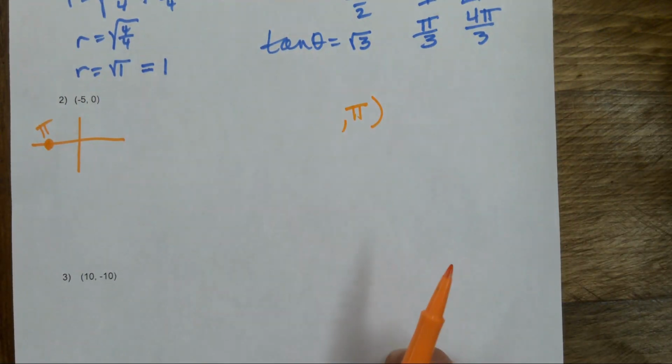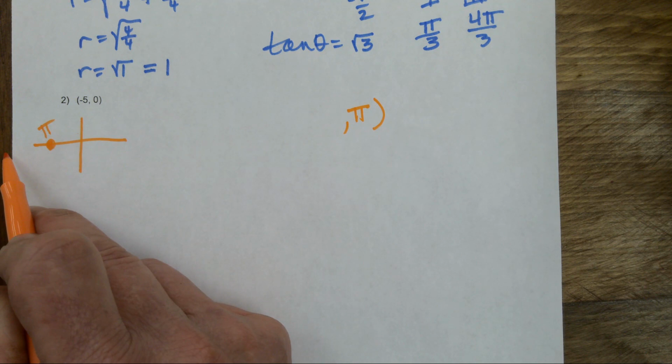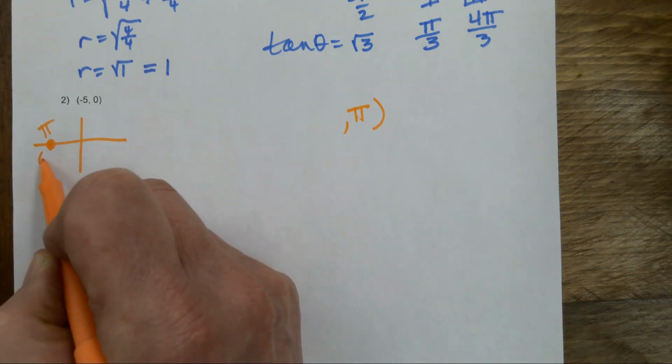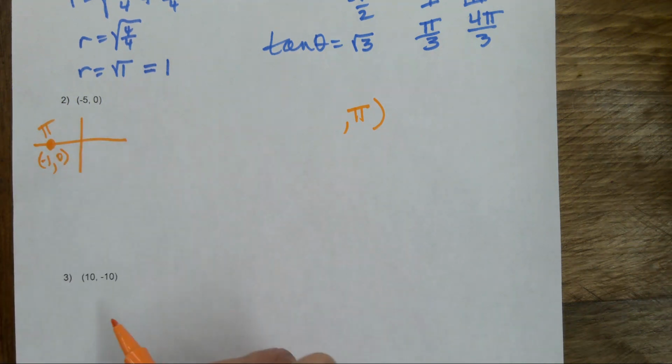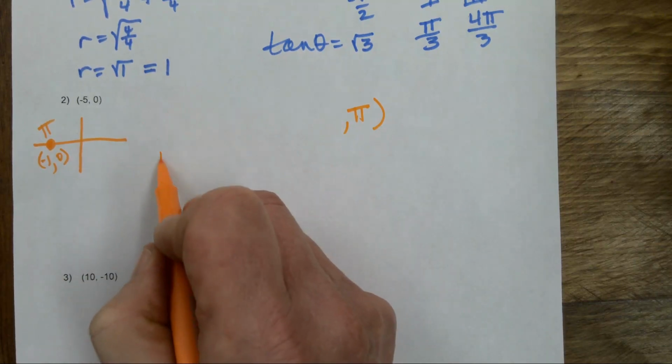Now let's talk about the radius. Can anybody guess the radius right away? 5. Why? By looking at it, do you know it's 5? Because the x says it's 5, but it's 5 times what negative 1, 0 was. It's 5 times that amount. But again, if you're not sure, go through and do my r.